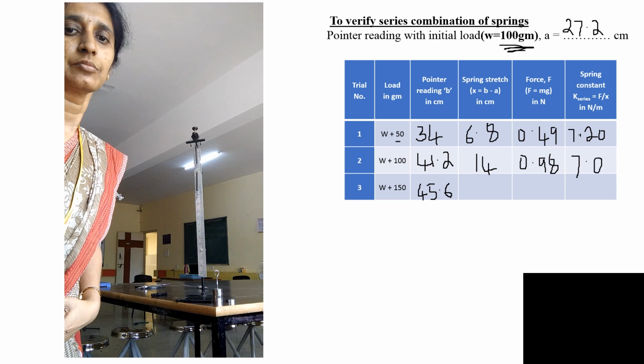The last one is 45.6 minus 27.2, which is 18.4, and the force is 1.47. Divided by 18.4, it appears to be 7.98.